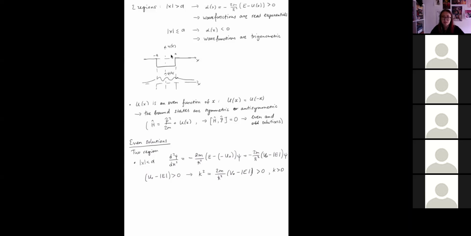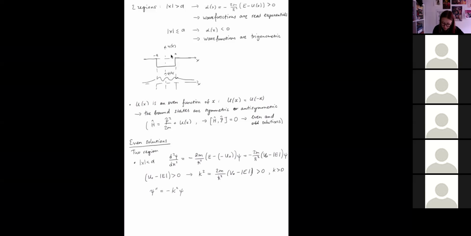Please keep in mind that k is not just some value. It still depends on the energy E that we're trying to find. So then we get to our simplified differential equation, which is the second derivative of psi equals minus k squared psi. And we're looking for an even solution, so the function has to be even.